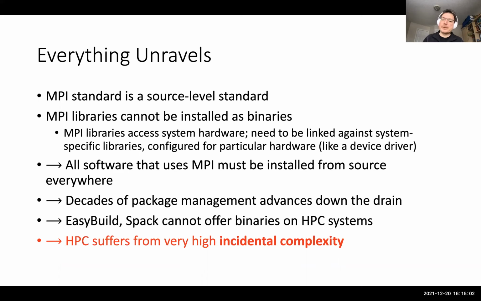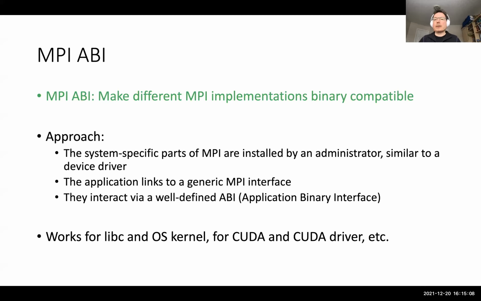So this is the problem statement. And now I'm going to suggest a particular solution. And one solution is that you have an MPI ABI, a binary interface. What if MPI implementations were binary compatible so that at runtime you could switch out one MPI implementation for another?